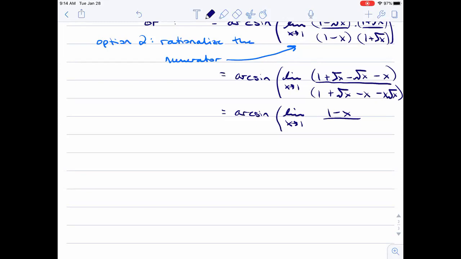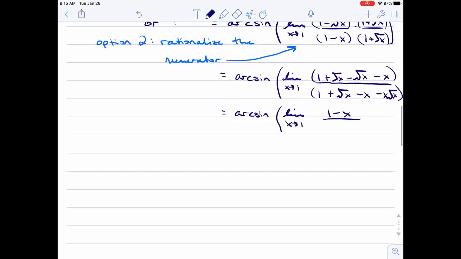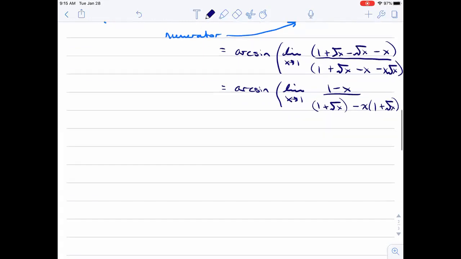I can do some stuff. I can rearrange, and pull out a common x from some of these. So I have 1 plus root x, and then minus x times 1 plus root x. Now I've got a term of 1 plus root x, and then x times 1 plus root x.